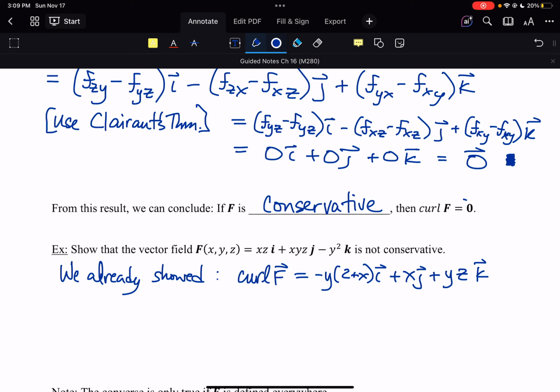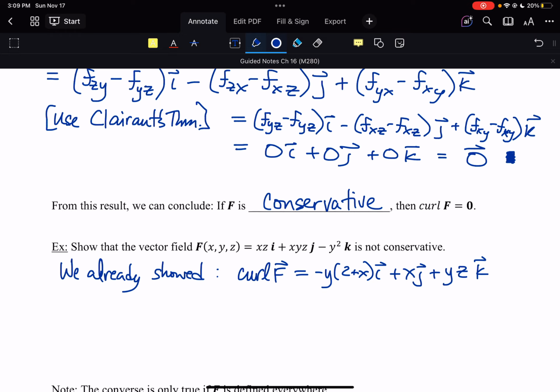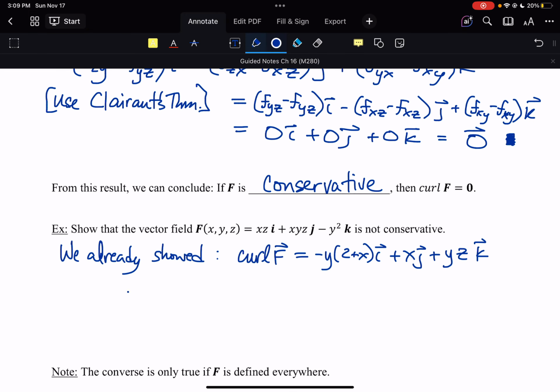But if we're saying that the curl of F is the 0 vector, that doesn't mean that you can make it the 0 vector, because you could plug in 0, 0, and 0 and make this the 0 vector. It needs to be 0 for all values of x, y, and z in order for this to be true. So since the curl of F is not 0, this vector field F is not conservative.